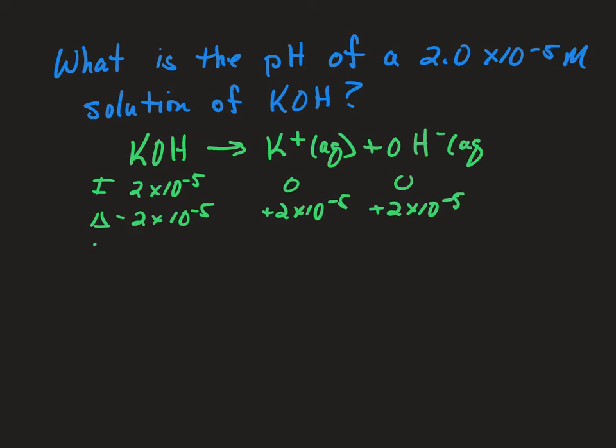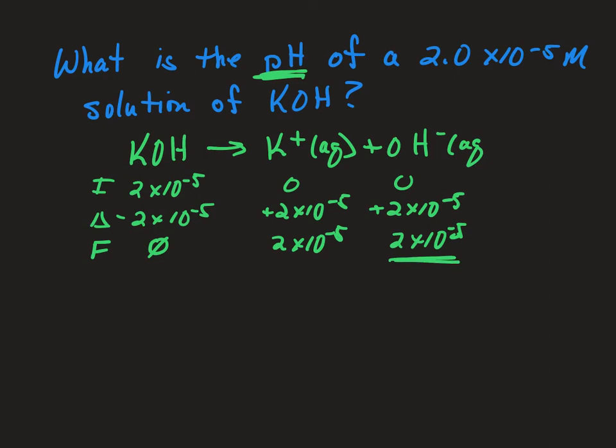And so when we reach our final condition, again, not in equilibrium because this is dissociating completely, we have none of our potassium hydroxide left. We have 2 times 10 to the minus 5 molar potassium ions and 2 times 10 to the minus 5 molar hydroxide ions, right? But pH deals with hydrogen ions, and we've got hydroxide ions.